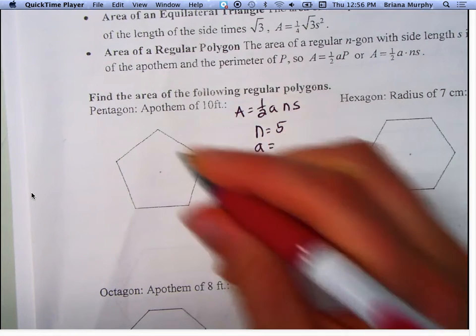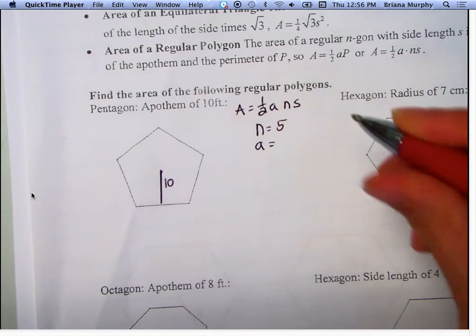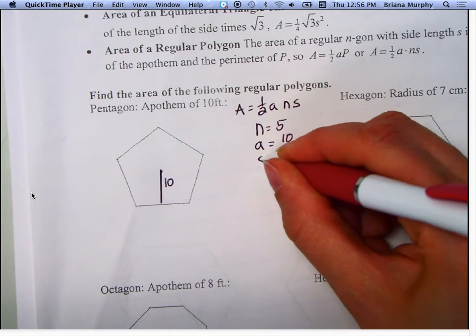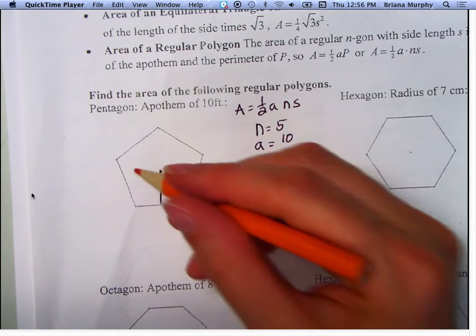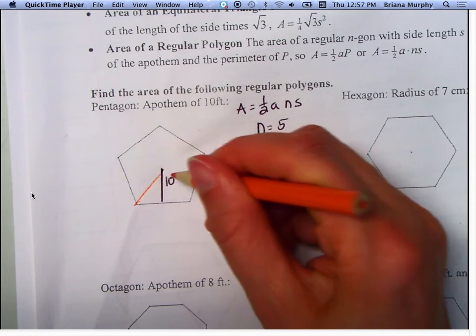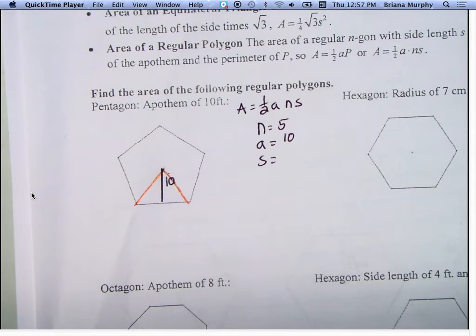We are given the apothem, that's this distance here, is 10. But I don't know what my side length is. So that's what I have to discover. Okay. Do we agree we could divide this regular pentagon into 5 triangles like that?